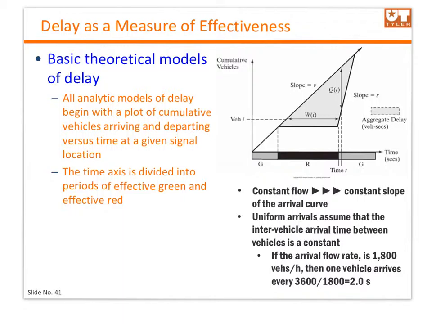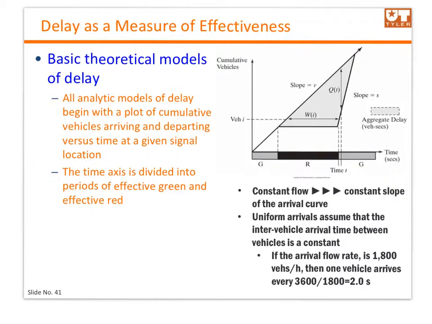There are several theories behind modeling delay. We will be talking about some basic theoretical models of delay, and we will also try to explain this figure, which has time on the x-axis and the cumulative number of vehicles on the y-axis. All analytical models of delay begin with a plot like this, which shows cumulative vehicles arriving and departing versus time at a given signal location.